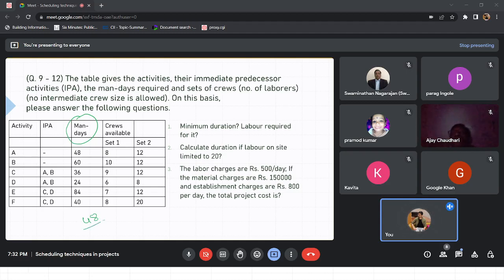If you have to complete 48 units of work and you have only 4 persons doing it, you will say it will take 12 days. If you have 8 persons, it will take 6 days. Now the question is, what determines 8 or 4? You will say, whatever crew or labor was available with me decides the number.